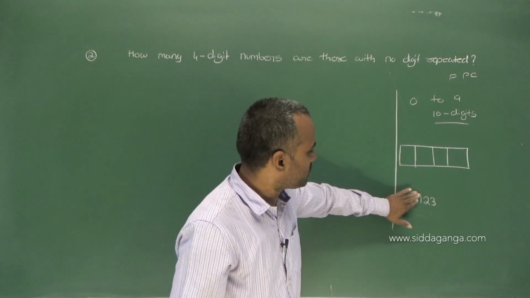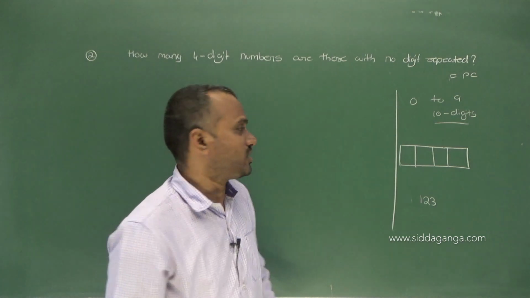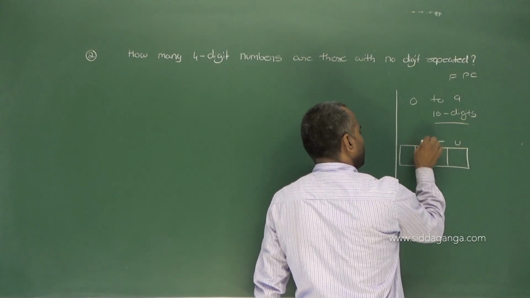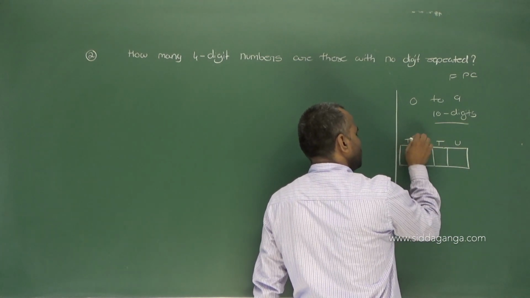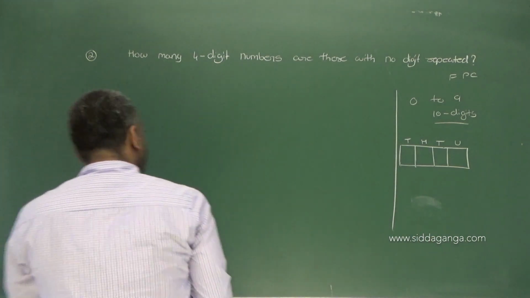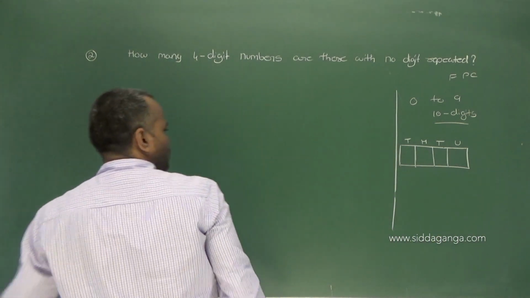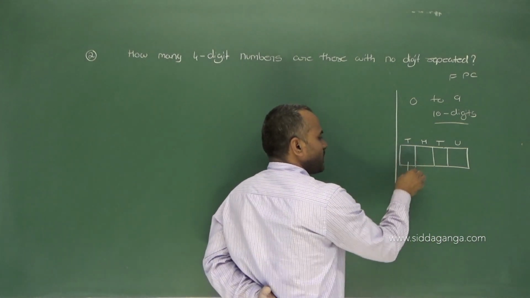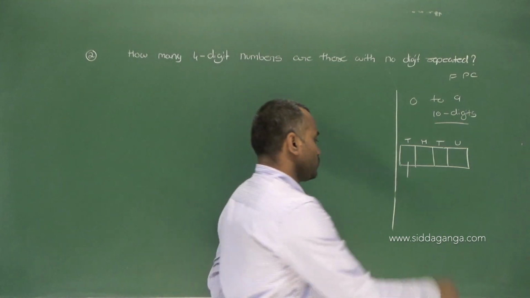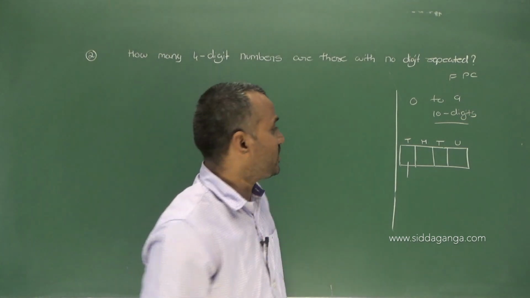No, it is a 3-digit number. So there are the unit place, tens place, hundreds place and thousands place. In the thousands place, very important, 0 does not come. If 0 comes, it is not a 4-digit number. It is a 3-digit number.